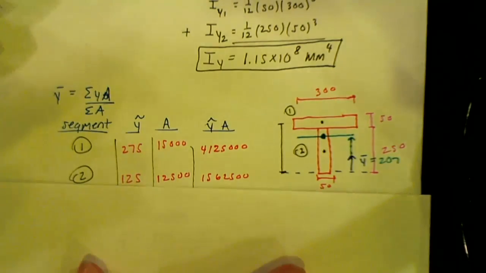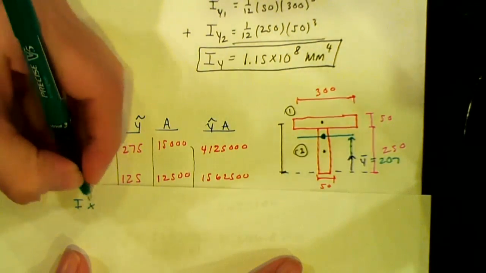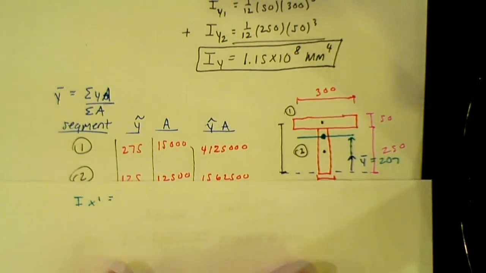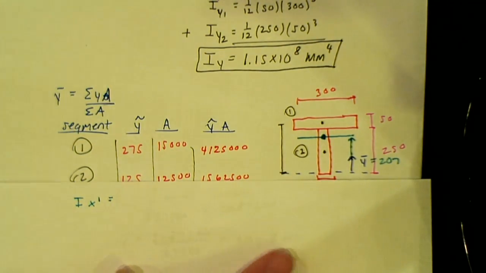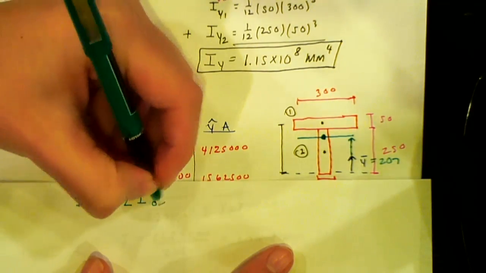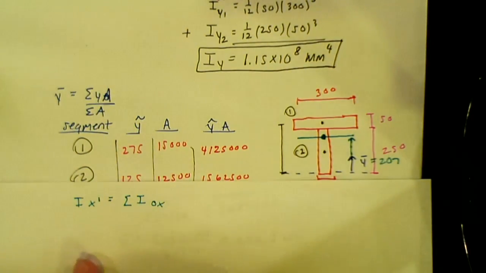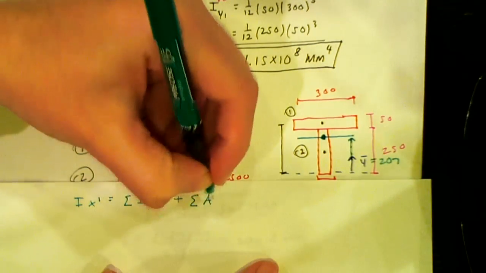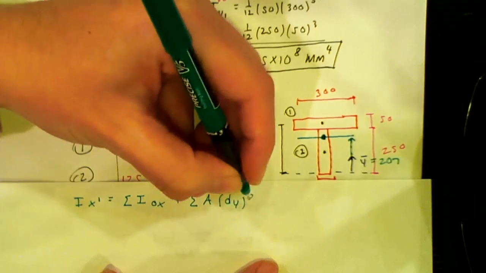So our equation for Ix prime, the moment of inertia about the centroidal x prime axis, is equal to the sum of I naught x, the moment of inertia about the individual figures, plus the sum of A times dy squared.